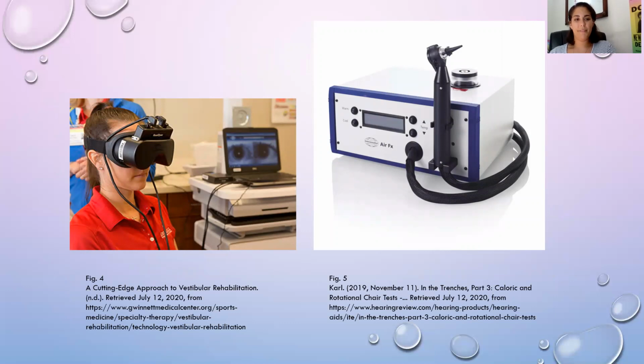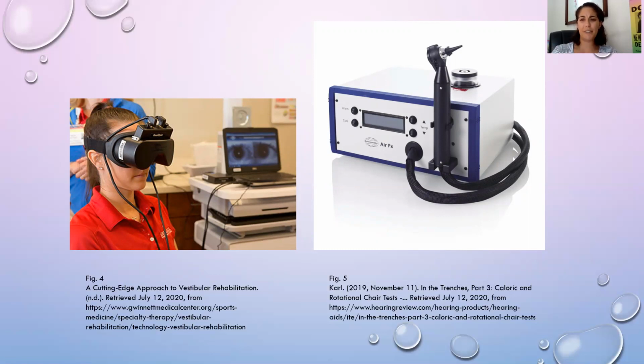The photo to your left with the woman wearing the VR headset shows the goggles that track your eye movements during that perilymph fistula test. I just wanted to include that because I thought it was really cool. You could see her eyes in the background, and I never saw that happen before, so I didn't know this was a test that could happen.